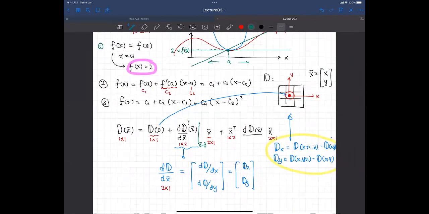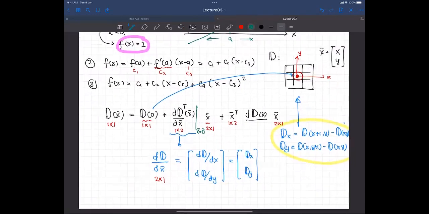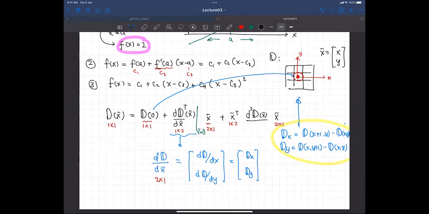Okay. So here the second derivative is that d squared D over 2 factorial, dx bar squared, again when x bar equals 0.